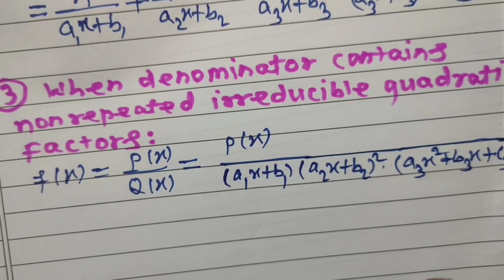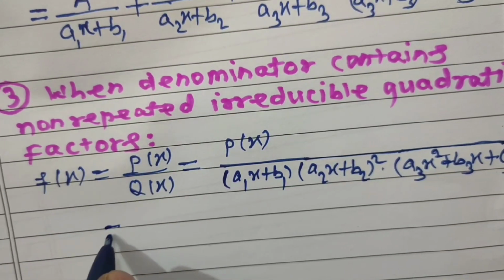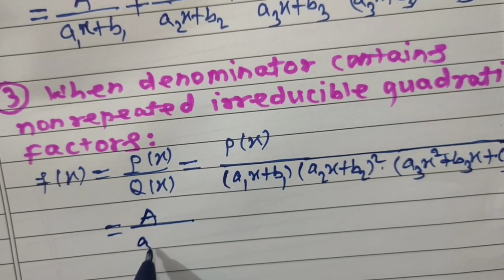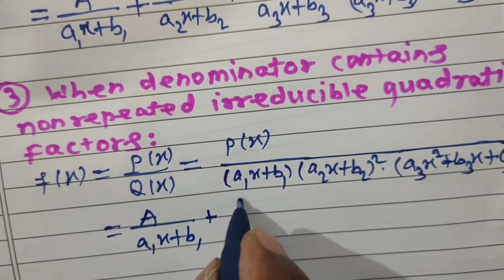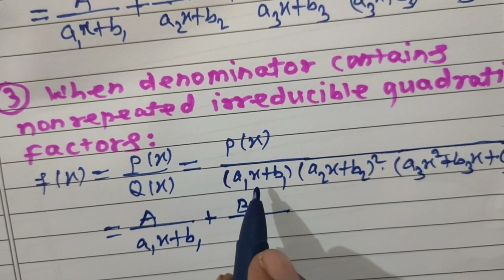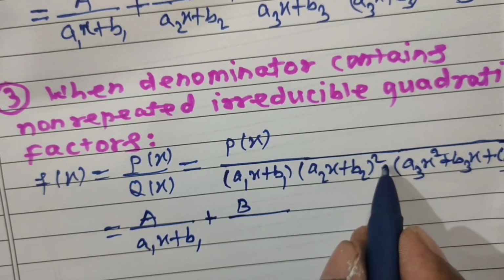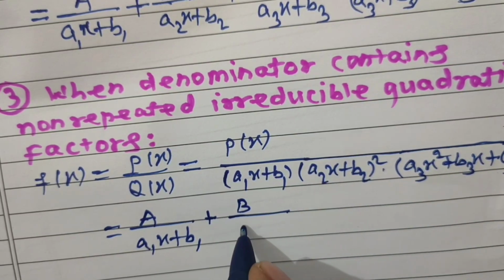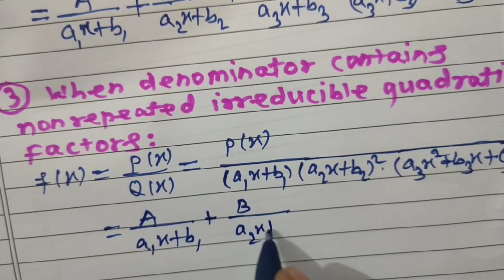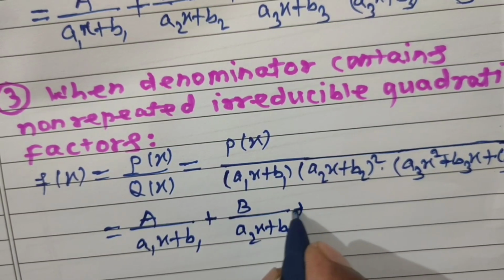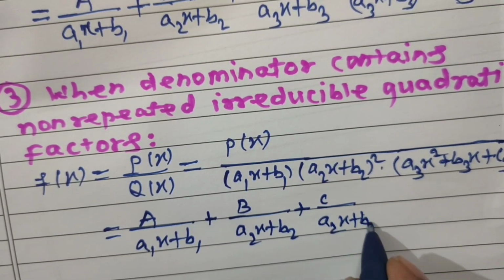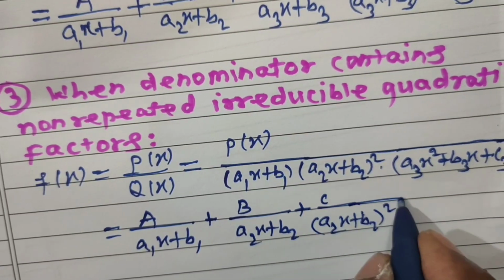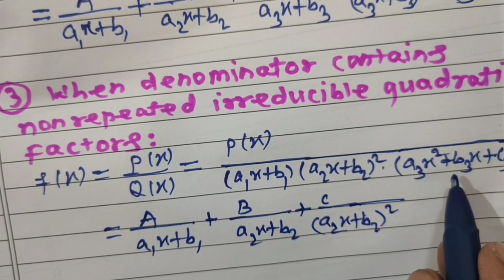So we can write this as a upon a1x plus b1, plus b upon a1x plus b1... sorry, a2x plus b2 is a linear factor, and this linear factor is repeated for 2 times. So first power a2x plus b2, plus c upon a2x plus b2 square of this, and now this quadratic factor.